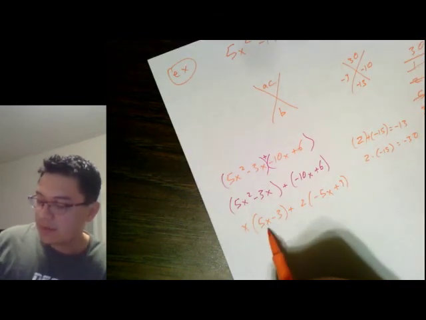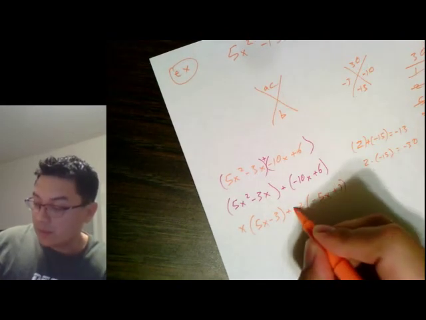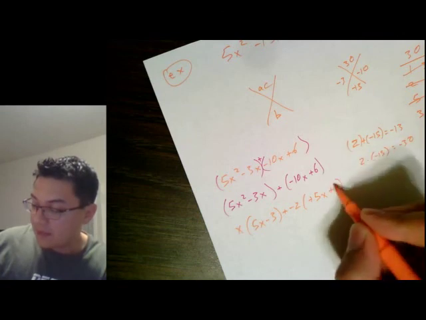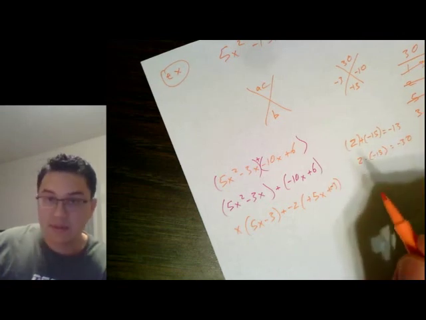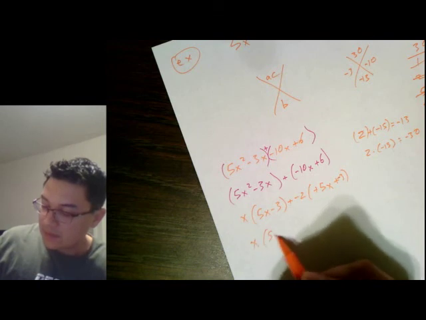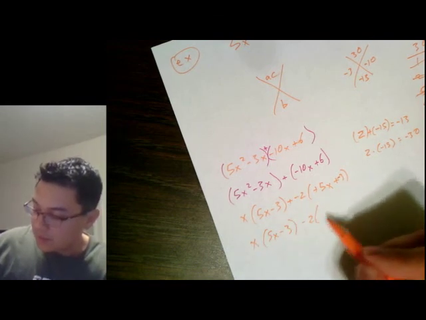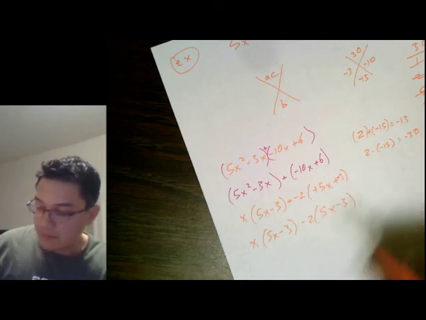Well, that's not the same thing as what I've got over here. But if I pull a negative 2 out, then this becomes a 5x minus 3. So I will end up with x times 5x minus 3 minus 2 times 5x minus 3.